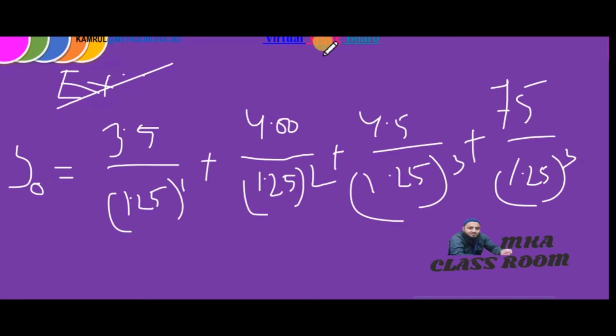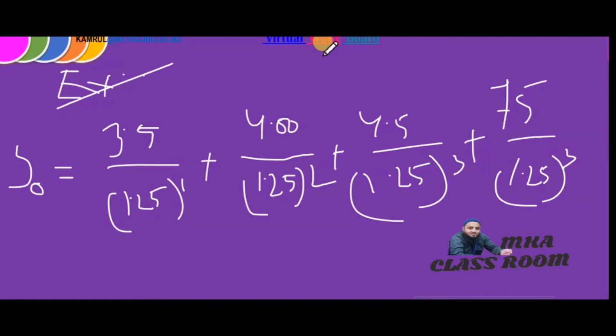By calculating, we see that at the end of the first year he receives 3.50 dividend, and 1 plus k here is 1 plus 0.25, equal to 1.25 power 1, plus the second year he receives 4 as a dividend, divided by 1.25 power 2, and the third year he receives dividend 4.5 divided by 1.25 power 3, and at the end of the third year he sells this share at 75 taka.